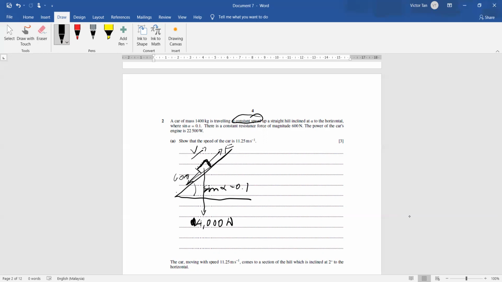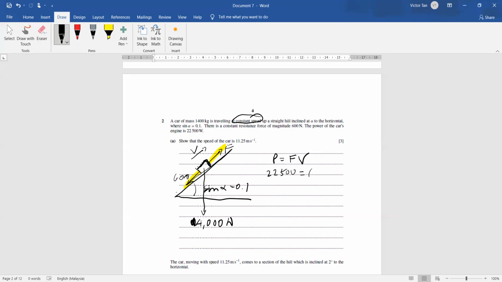So power is FV. Power is 22,500. Since it's traveling at a constant speed, the resultant force is 0. So the force going up and the force coming down would be equal.